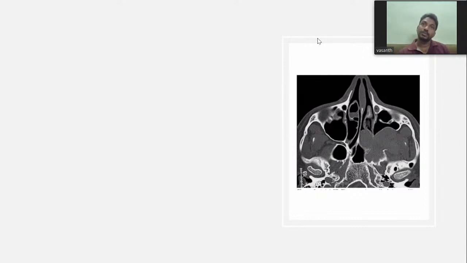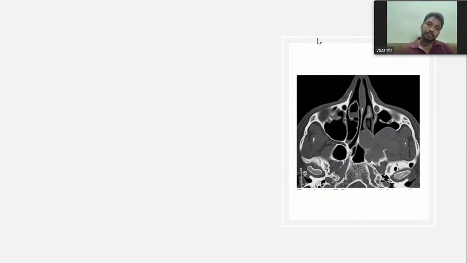The CT scan should be a contrast enhanced CT scan. So you get a classical finding, the sign of, can anyone guess what is the sign here? The anterior bowing of the posterior wall of the maxillary sinus, which is known as the Holman-Miller sign.